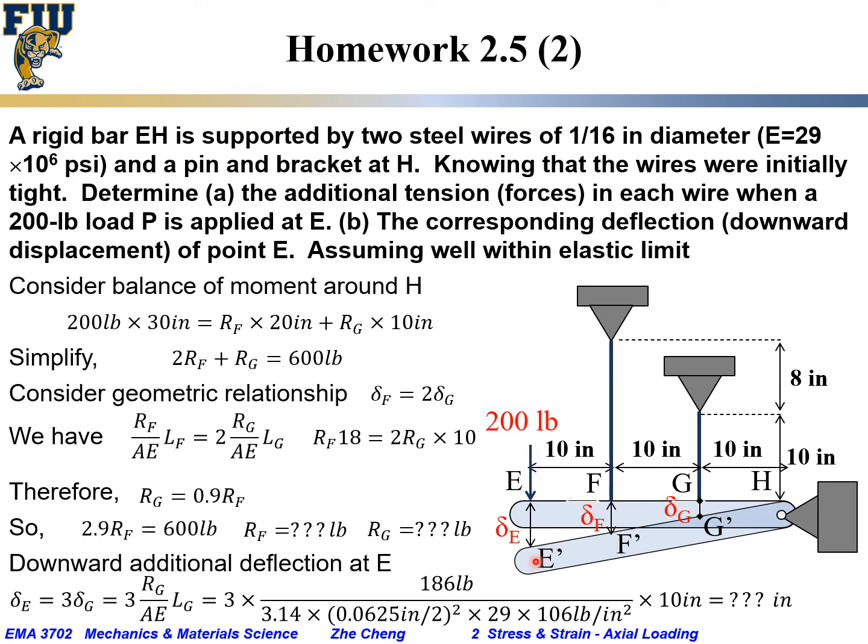So the first part is to consider statics, a balance of moment around H, the pin. So we have 200 pounds of force at the E end, and the distance from this 200 pound force to our axis, H, is 10 plus 10 plus 10, 30 inches.